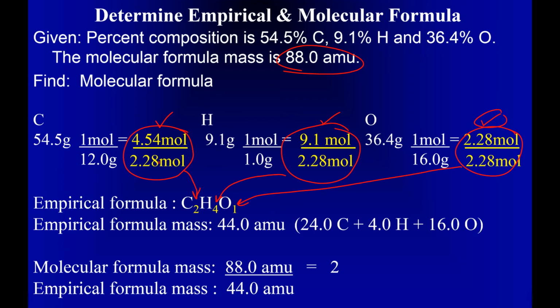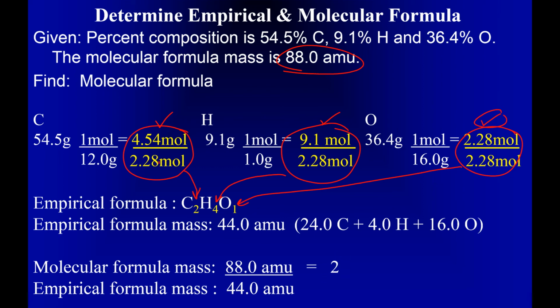Well, what we need to find out is what's our real formula? In other words, how many times larger is our real formula than our empirical formula? Because remember, empirical formula is just a step that you have to go through to get your final answer. So what we do is we divide our real formula mass by our empirical formula mass and that gives us 2.